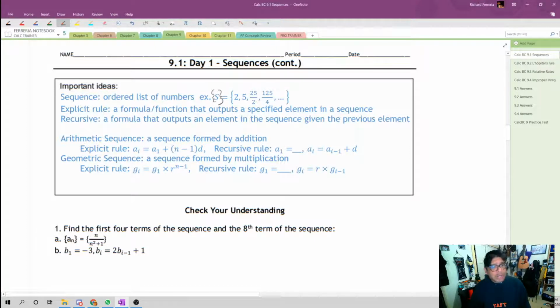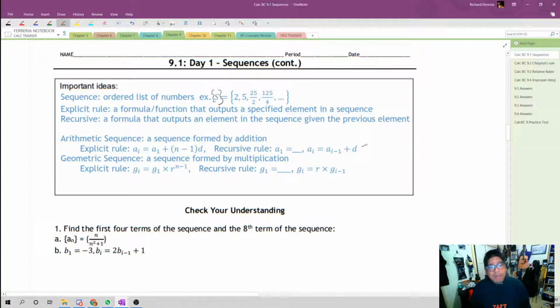Here are the general forms for the arithmetic sequence. For the explicit rule, A_n is equal to A_1 plus (n minus 1) multiplied by the common difference. The recursive rule: A_1 equals some number, and A_n is A_(n-1) plus a difference.